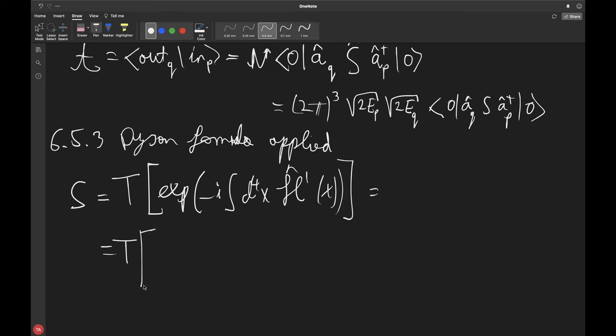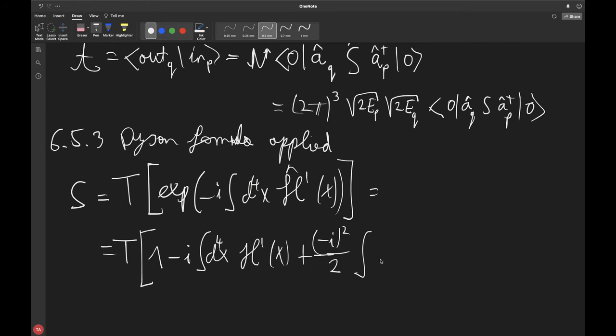So the time ordering of 1 minus i integral d^4x of the Hamiltonian prime at x, plus (minus i) squared over 2 times the integral d^4y d^4w of the interacting Hamiltonian at y and the interacting Hamiltonian at w.